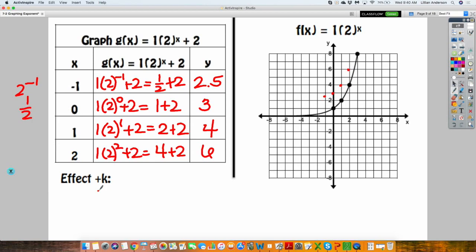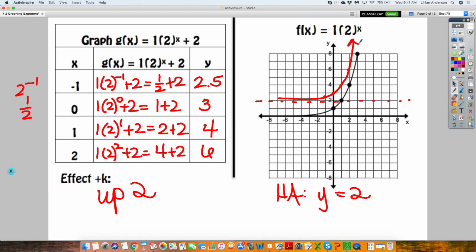This graph got shifted up 2 units, which means the horizontal asymptote is now where? Be more specific. Y equals 2, which means I'm not going to draw the curve all the way down to the x-axis because, again, it got shifted up 2. That means everything gets shifted, not just the graph, but the horizontal asymptote as well.